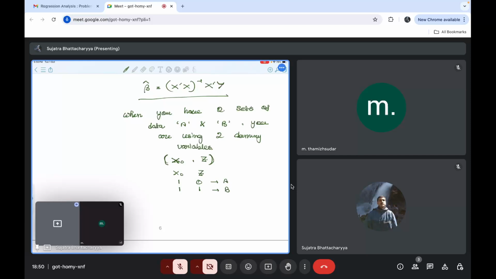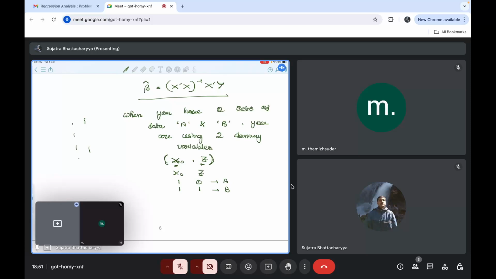But if you are not using any dummy variable, suppose you have one set of data, then there is no question of a dummy variable, right? When you have one set of data, say A, so from one ocean only you are taking some data, you don't need to use any dummy variable. But still you are actually using this X naught. We don't say it, but we are actually using it. So excluding X naught, for two sets of data you are actually using one dummy variable, that is Z. But we have introduced this X naught as another dummy variable, so there are two dummy variables.